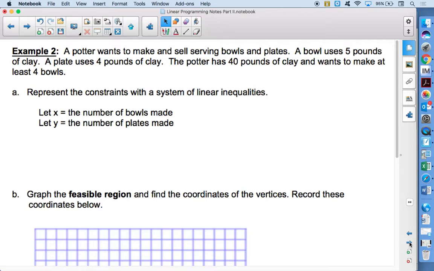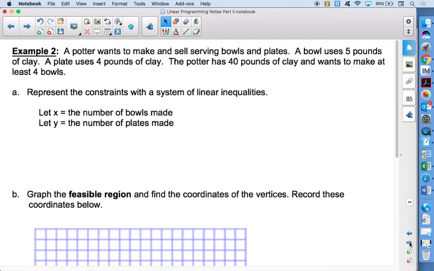I'm stuck. What should I count by on my graph? This one you can go by ones. Oh, it's the number of bowls you need, 1 and 4. So it is just bowls. Oh, just bowls.